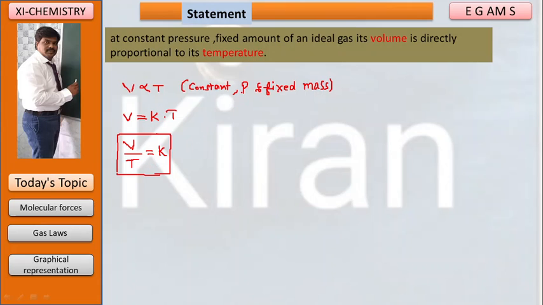At constant pressure, for a fixed mass of a gas, the volume and temperature ratio is equal to one constant, which is also known as Charles law.